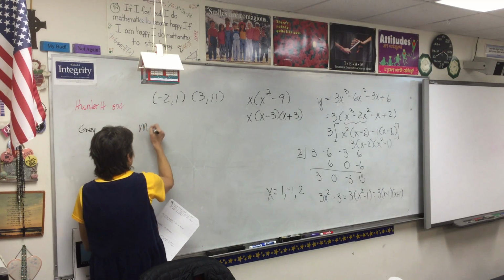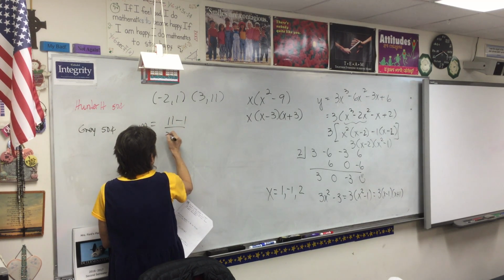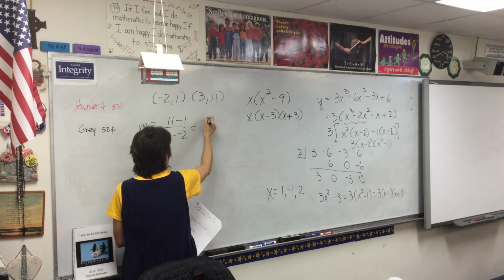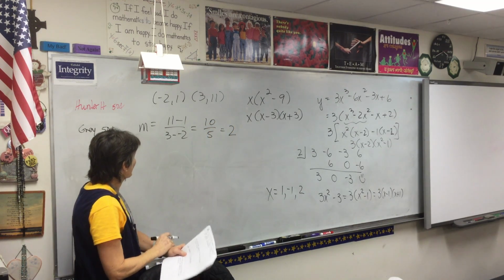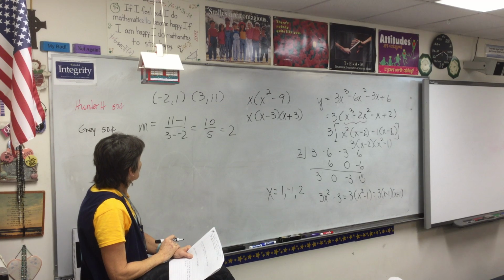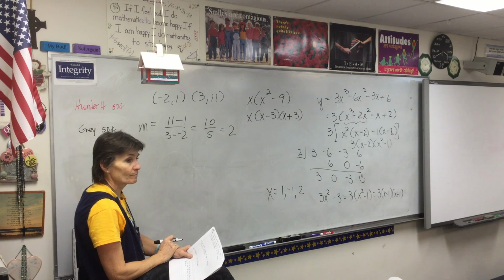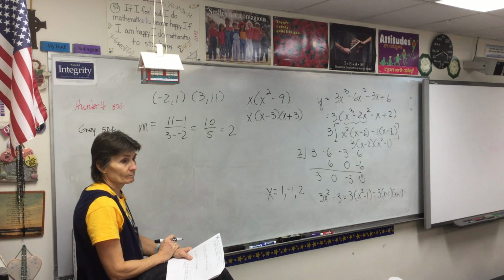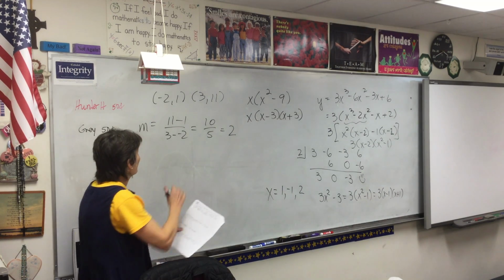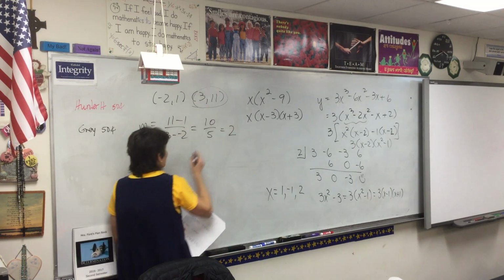Find the slope. 11 minus 1, 3 minus -2. We get positive 2. Now what? You're not done. Don't stop. Pick a point. I'll use this one.